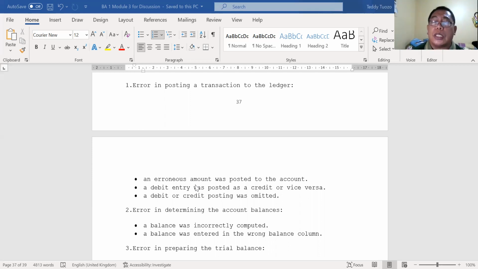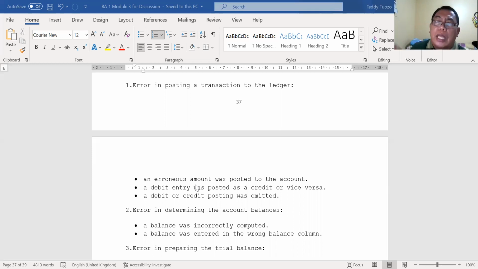You should really be cautious in the posting because the trial balance, as I've said, will signify that there might be a presence of an error. Next, a debit or credit posting was omitted. Natunuya gajud nimo. My journal entry, no, sa general journal journal entry, ang debit and credit pero waya nimo ma-record sa general ledger. Og sa when you post transaction to the ledger, kinahanglan imo na post na dapat butangan imo ng tick mark.